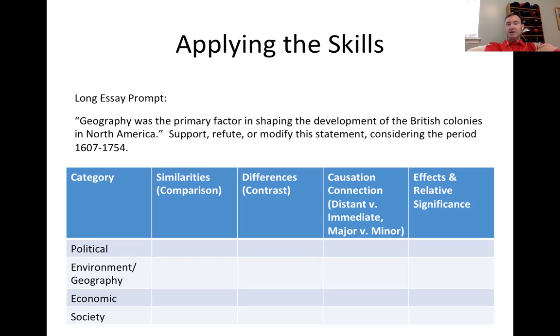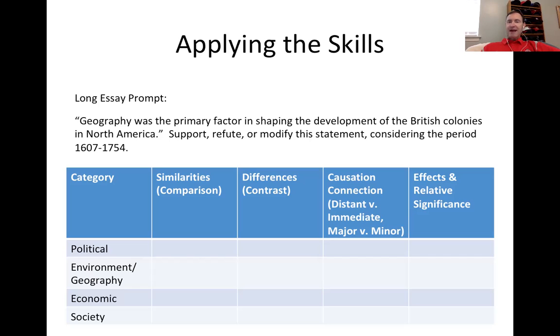Now, I'm going to make a suggestion to you all with this prompt. Probably the easiest way to develop complexity is going to be to either refute or modify. The question to ask yourself: why would Mr. Baker say that? I don't want to give away too much because this is your question to tackle.